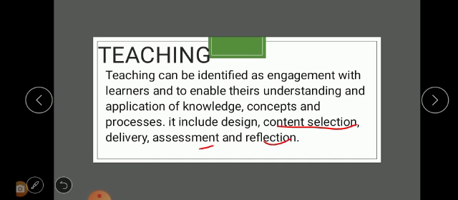So teaching is wider than testing and assessing. Both testing and assessing are included in the teaching activity.